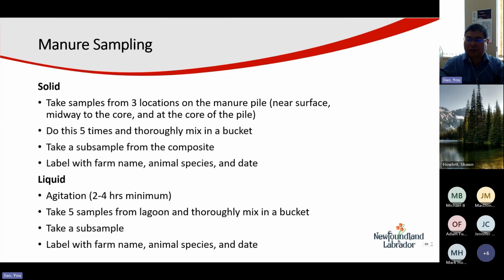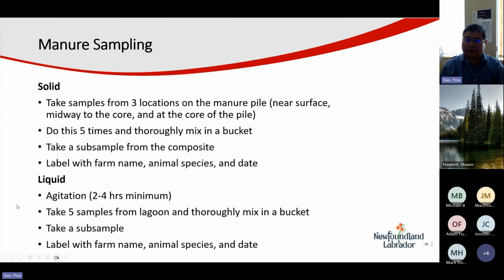You can use an auger, a Dutch auger, and go deeper into the pile. Also, sample 5 times around the pile and thoroughly mix in a basket, then take subsamples from the composite and label with farm name, animal species, and date.